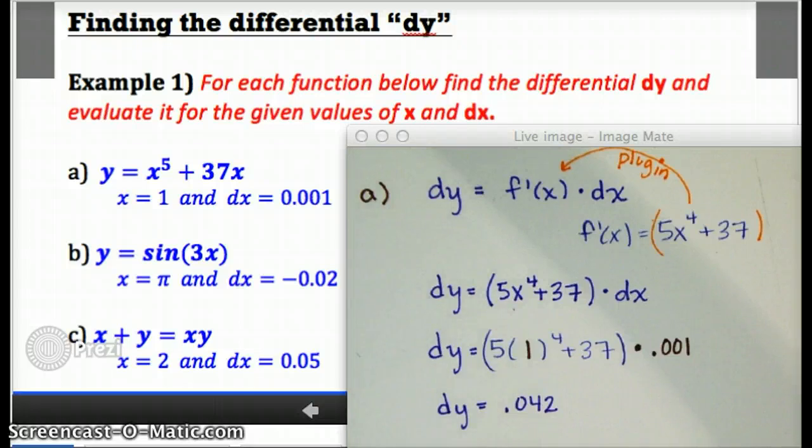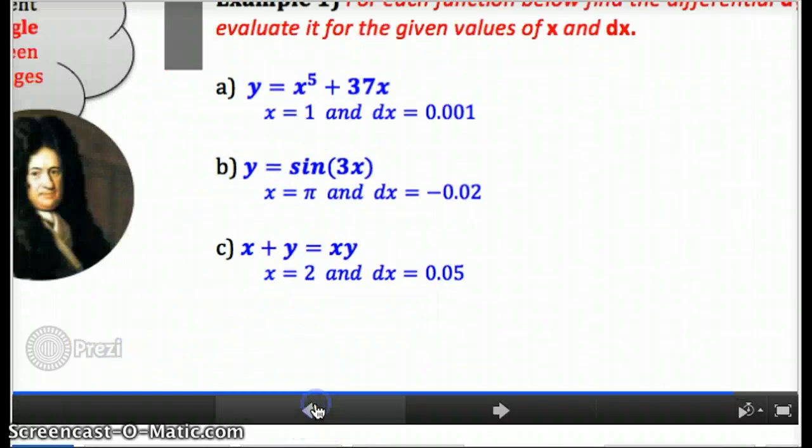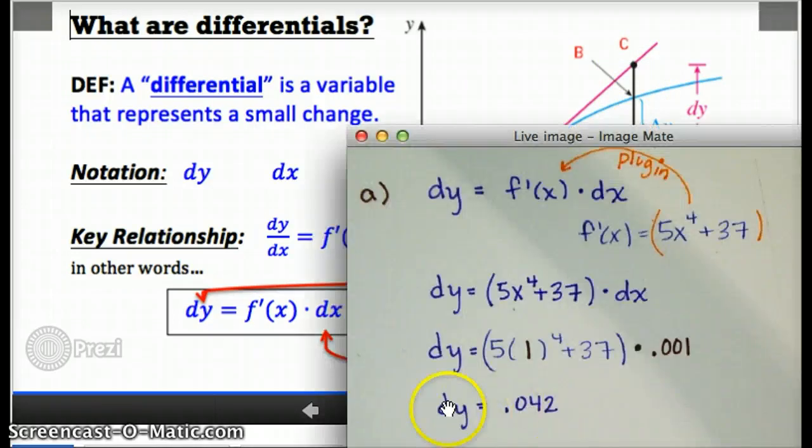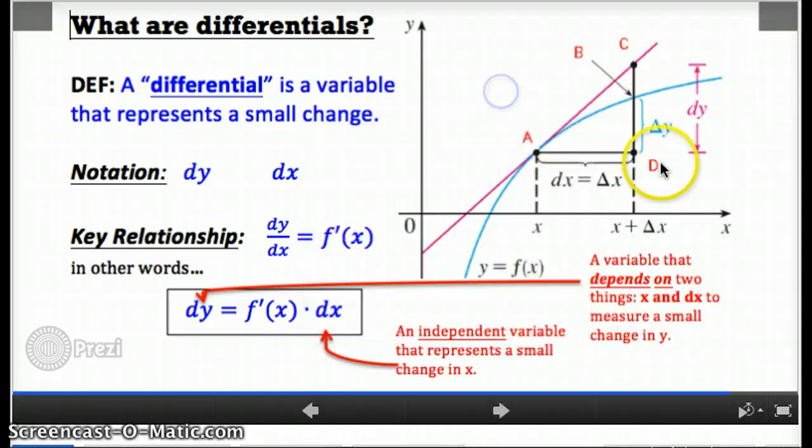What does that mean? What is the 0.042 saying? Think back for a second on the image that Leibniz was thinking about. He was talking about measuring the change in y. So when we get an answer for a differential that says 0.042, this number represents this amount.